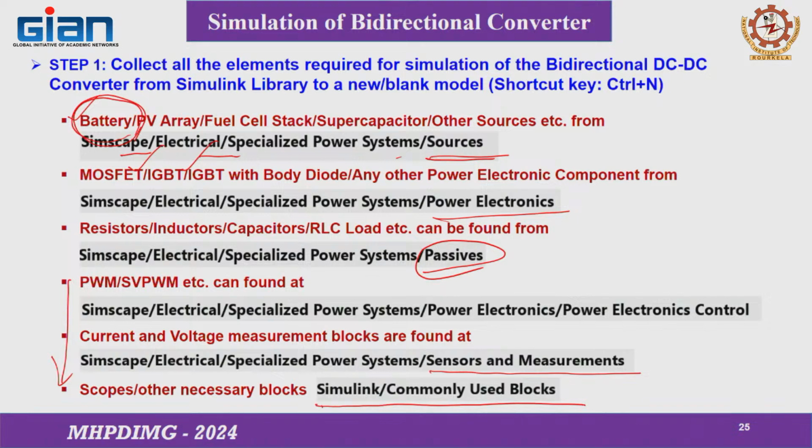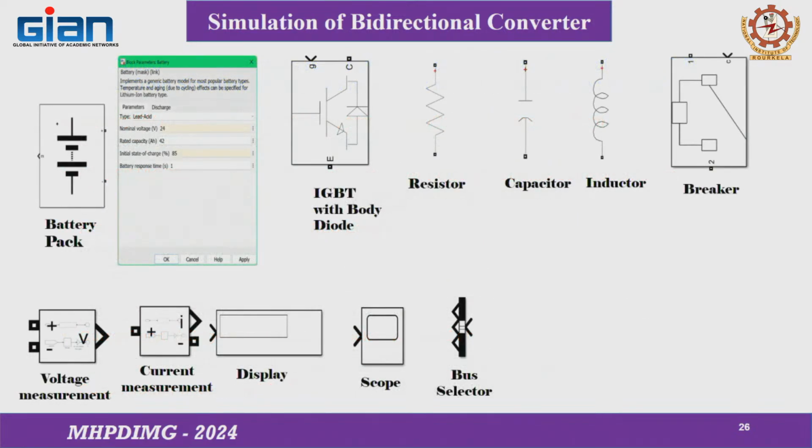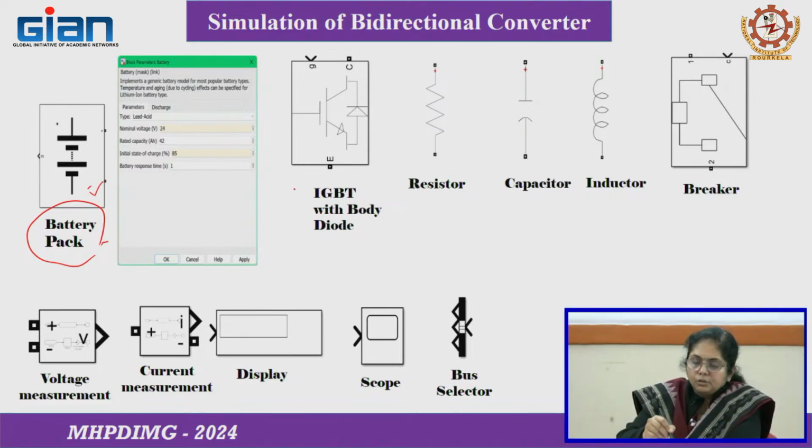So, you will drag all the components and put them in your newly created model. You will drag the battery, then double click on each component to fix the values. So, we are using, suppose, a 42 Ah battery and the voltage is 24 volt.